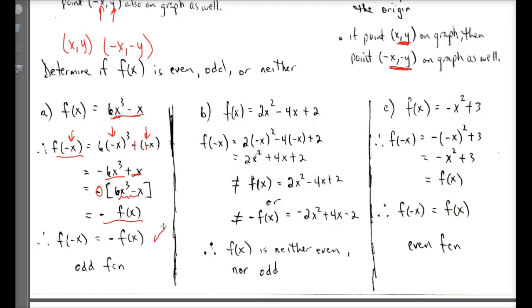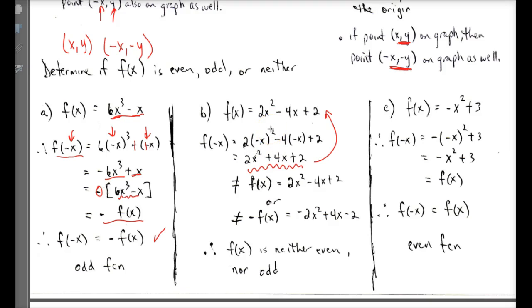Now, for example B, we see that when we plug in a negative x everywhere where we see x, we come out with a situation where we do not have either the same nor the opposite of what we originally had. And so what I'm doing is I'm comparing this to what I see here after I plug in my negative x, okay? So of course, negative x quantity squared is a positive x squared.